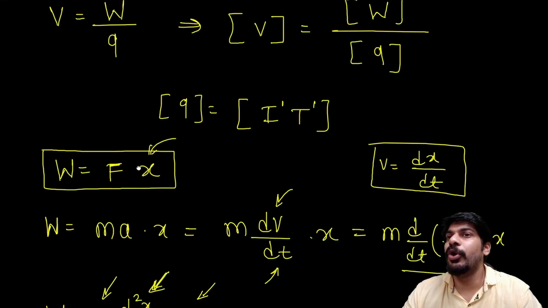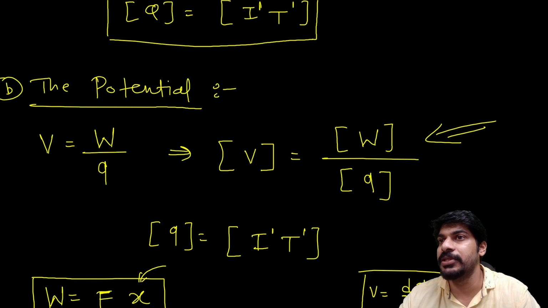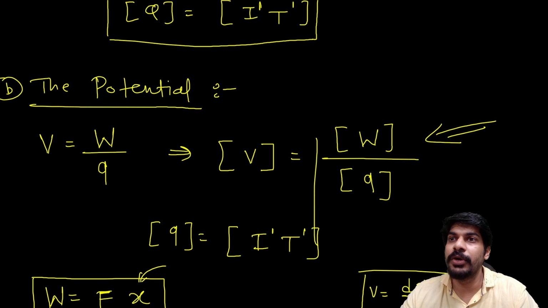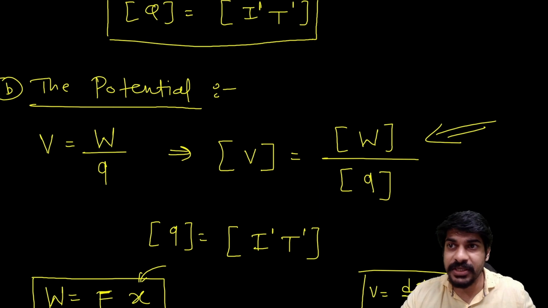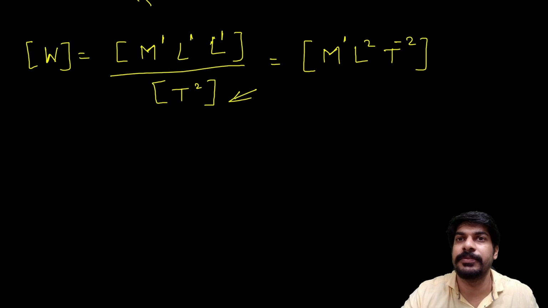We can now put all these things in our main equation that you can see here. This is the potential, capital V is equal to W upon Q. Now we have just got all the values that we need, right? So let's put all these things over here.